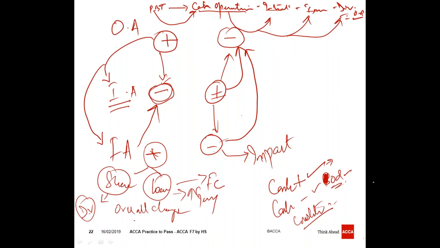Or there might be a case in the examination when you have to tell which company should be bought out of two options, which company the investor should invest in, or which company should be purchased. So in that situation, the conclusion should be: these are the strengths, these are the weaknesses of both the companies.